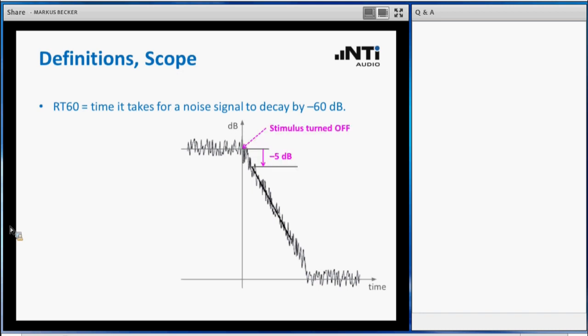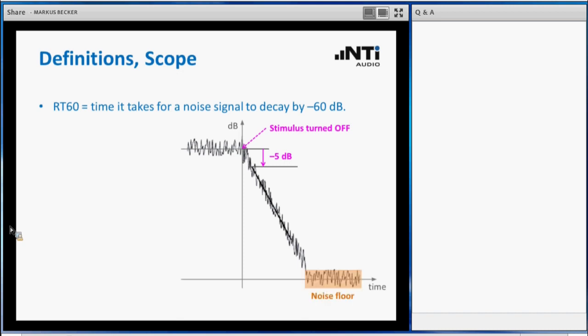And in practice, this goes like that. First, we have to allow a decay of 5 dB from the moment when the stimulus signal has been switched off. The reason for that is that we have to overcome the nonlinearities in this very early time after switching off the stimulus signal.